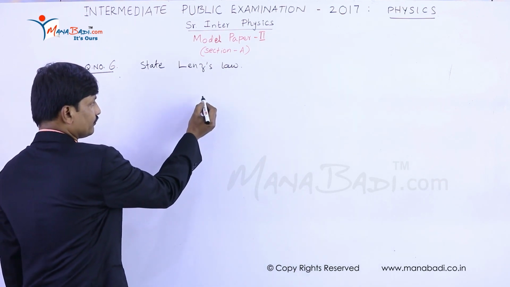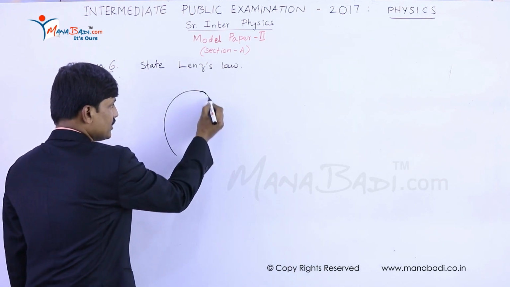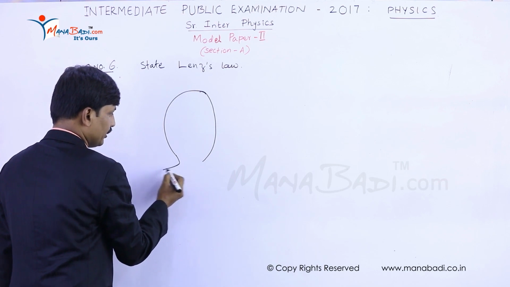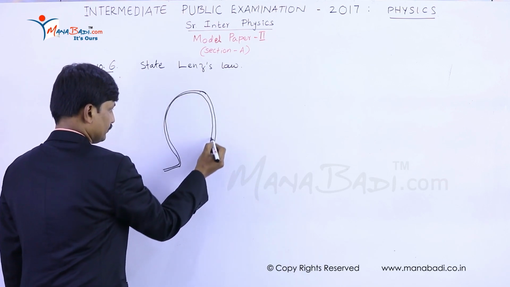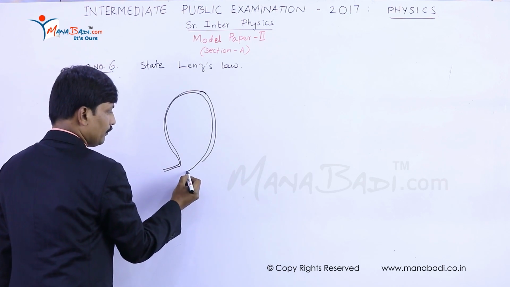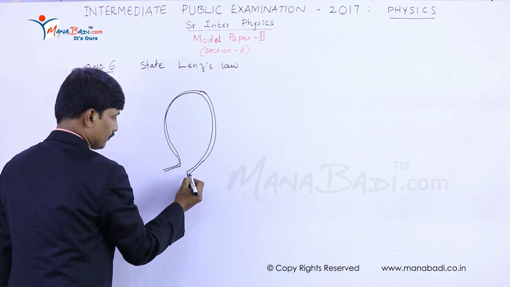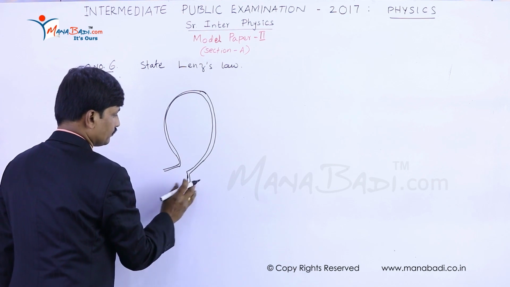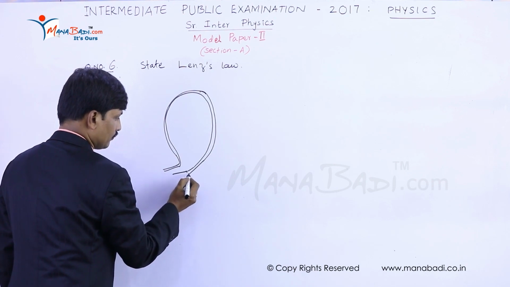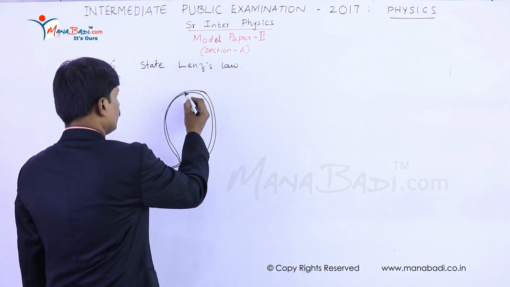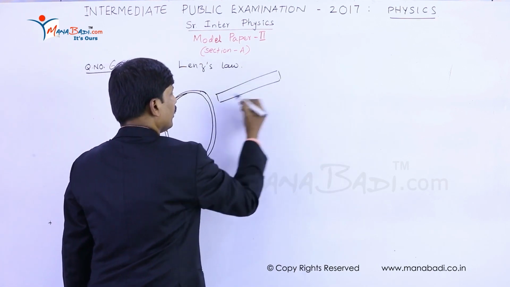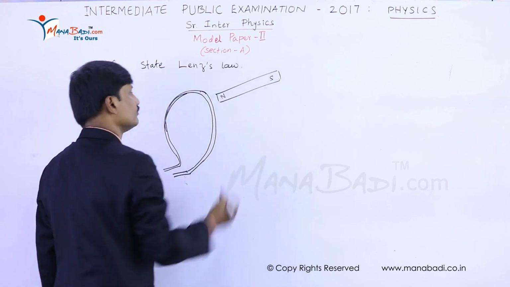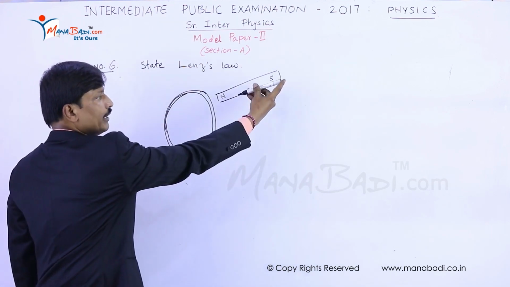Small explanation. Let us consider this to be a coil. Consider this to be a bar magnet which is moving.